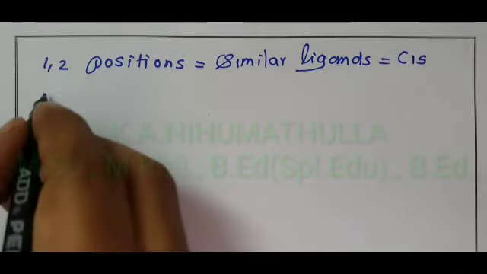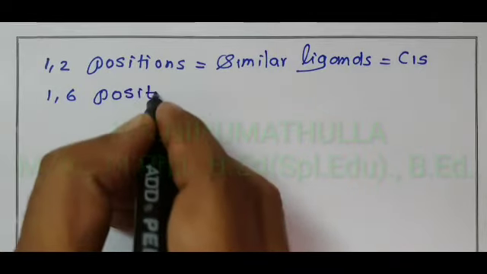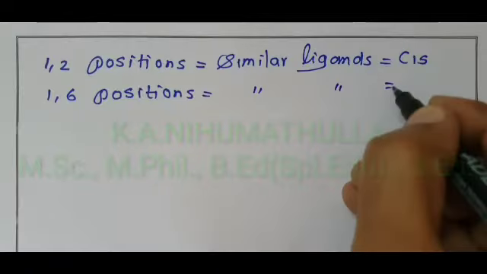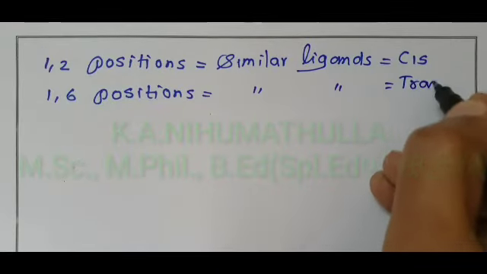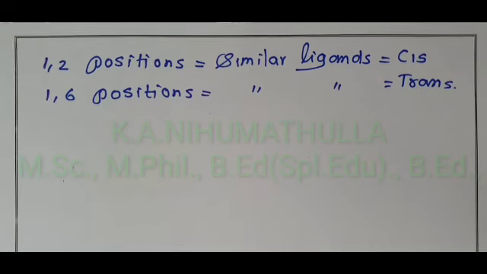If similar ligands are present in 1, 6 positions, it is called trans isomer. Simply we can explain. Now we can write the example of the complexes.